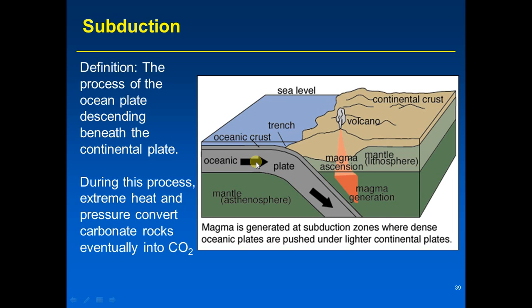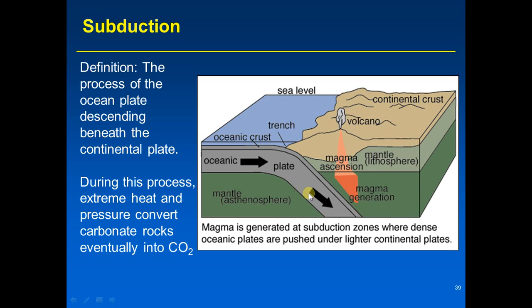So when an oceanic plate and a continental plate come together, the oceanic plate slides or descends underneath the continental plate because it's denser. And when this happens, an extreme amount of heat and pressure convert carbonate rocks eventually into carbon dioxide.